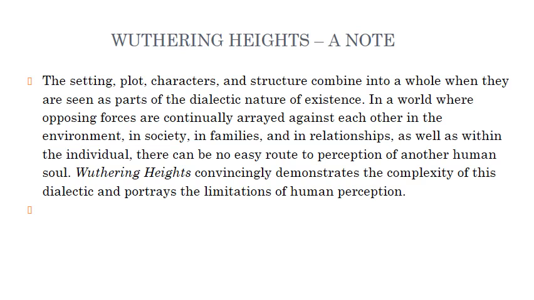So in a world where opposing forces are continually arrayed against each other in the environment, in society, in families, in relationships, as well as within the individual, there can be no easy route to perception of another human soul. Wuthering Heights demonstrates the complexity of this dialectic and portrays the limitations of human perception. The life in the moors itself holds the limitations.